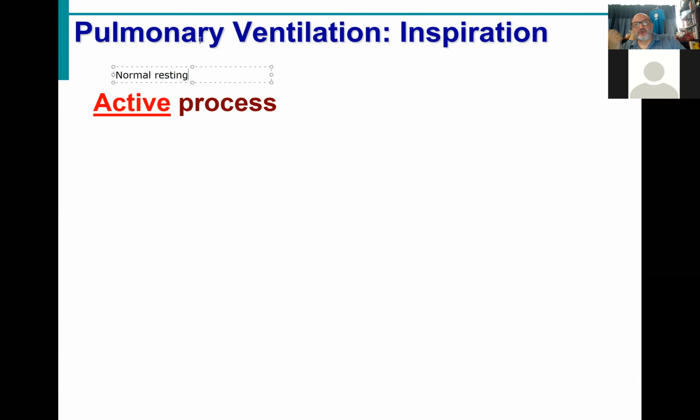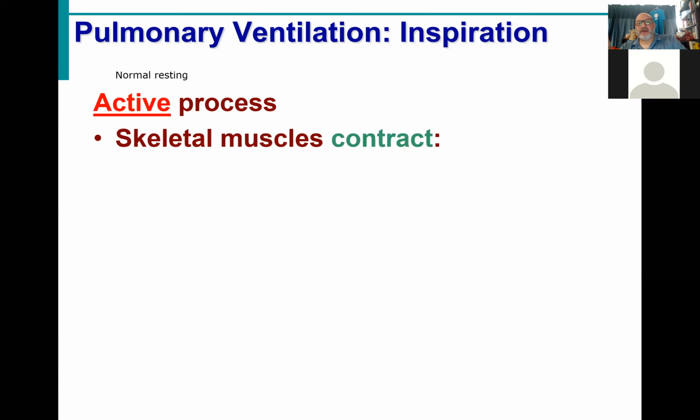As we talked about with that normal resting breath, inspiration or inhalation is an active process, meaning we are contracting muscles. Which muscles primarily are contracted during this process? Diaphragm. Are any others involved in this normal resting breath?